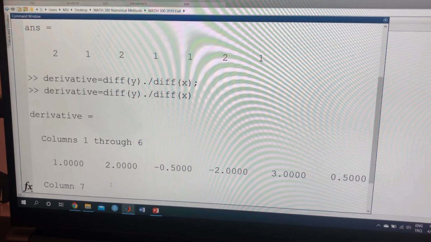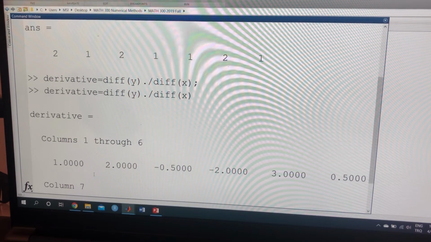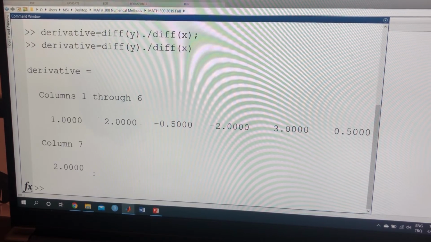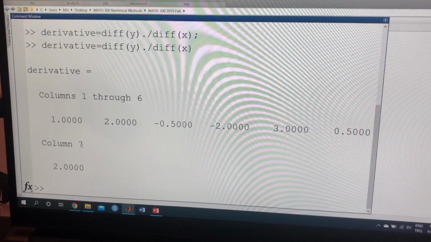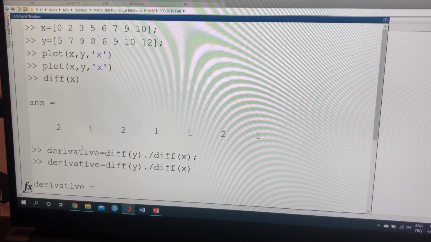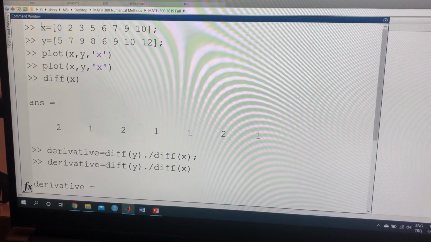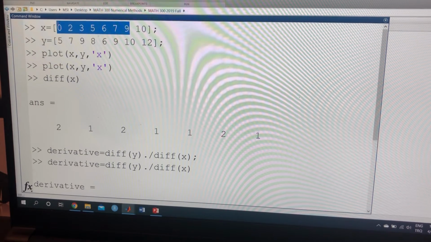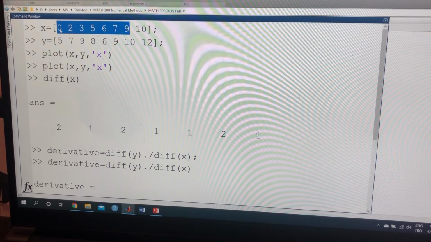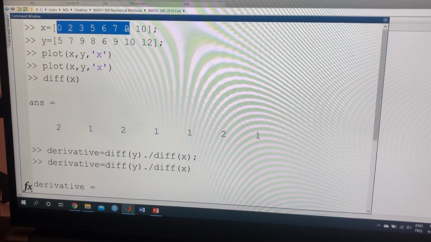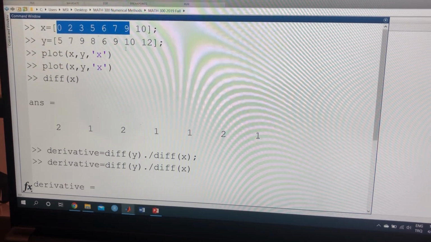Now, how can you differentiate this result in terms of forward and backward difference? It's easy. If you plot these results with respect to x, then you need to take the first 7 x values for the forward difference, because these are going to be the results for the derivative at 0, 2, 3, 5, 6, 7, and 9 for the forward.